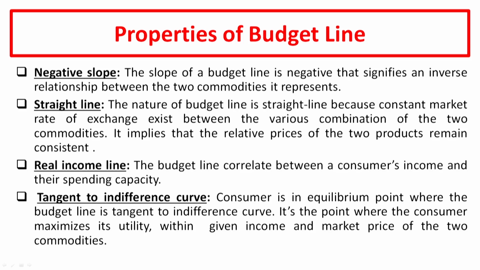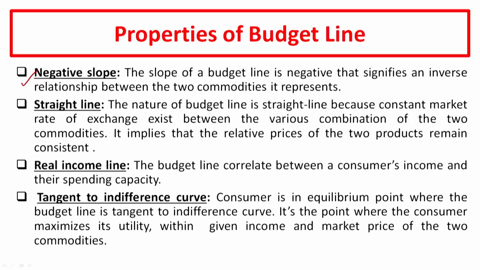Properties of price line, or you can say the characteristics of price line. First thing, it has a negative slope. Why is it negative? Whenever I am saying negative, it means inverse relationship. In order to increase the consumption of one commodity, you have to reduce the consumption of another commodity, and that is why it is negative.